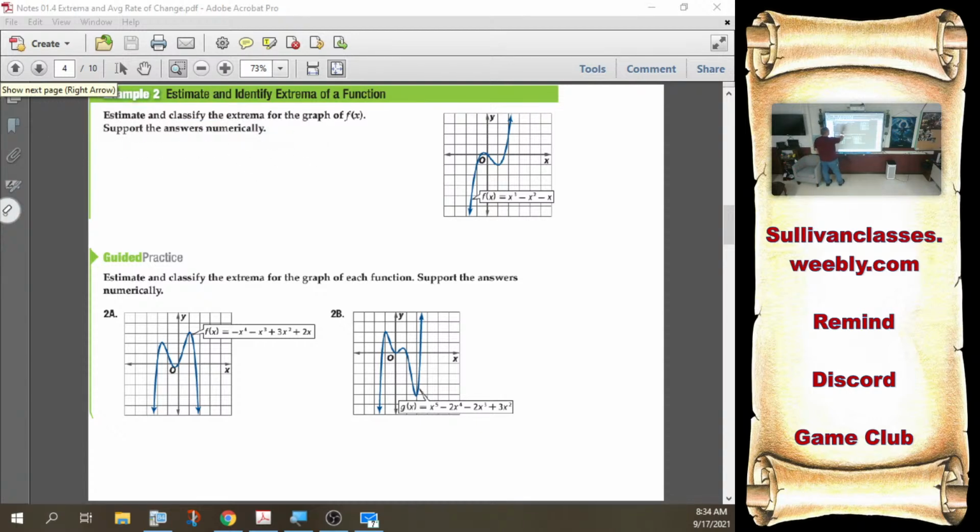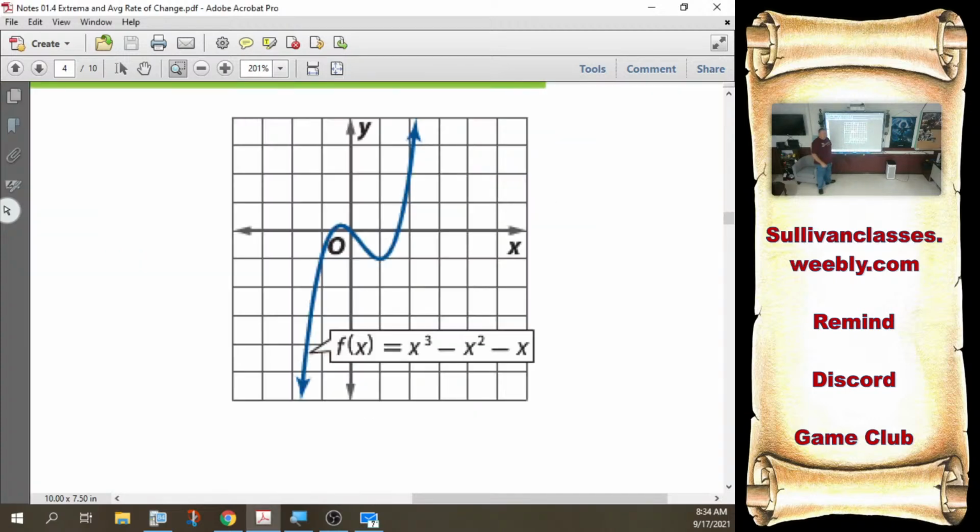Can anyone tell me how I find extrema for real? How do I actually find the extrema? Okay, now the intermediate value theorem allowed me to look for a zero in between negatives and positives.